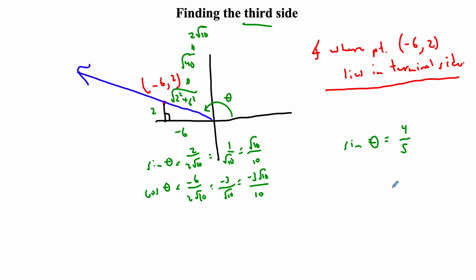That tells you that the opposite side, or the y value, is 4 and the hypotenuse is 5, which means you can calculate this by taking 5 squared minus 4 squared and then taking the square root, or you can recognize that this is a 3, 4, 5 right triangle, so you know that value is 3. And then you can find all these different ratios. So that's what that means by finding the third side.